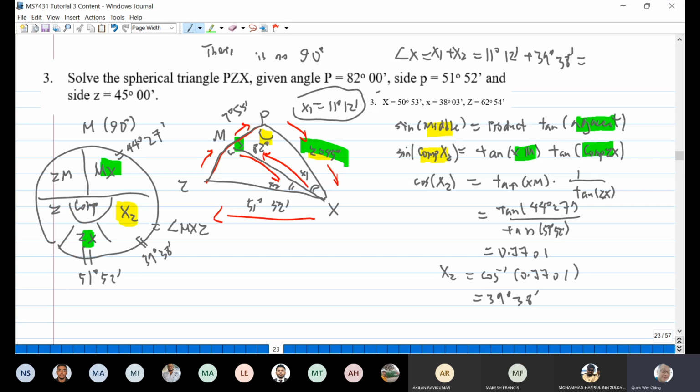So you can add them up, plus 11 degree 12 minutes, and you get 50 degree 50 minutes. Off a little bit, huh? Is it correct? A bit off. Okay, maybe calculation error. So I find out X already.